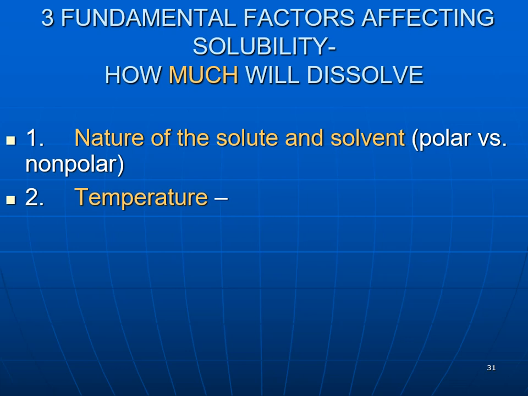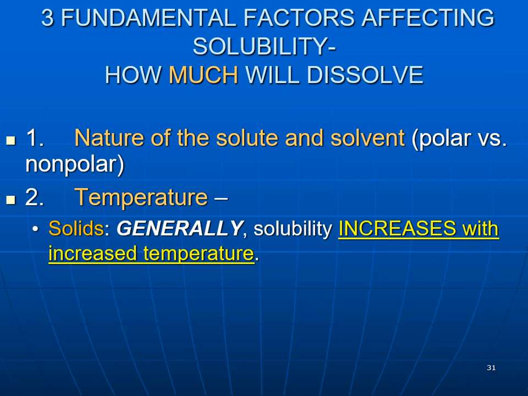So the first one really tells us, is it even possible for these things to interact enough to dissolve? The second one, if we have a higher temperature, there might be the ability for us to add more or just for it to dissolve. So generally, solubility increases as we increase temperature. Stuff that may not dissolve at lower temperatures may dissolve a little bit better if we just raise the temperature enough.